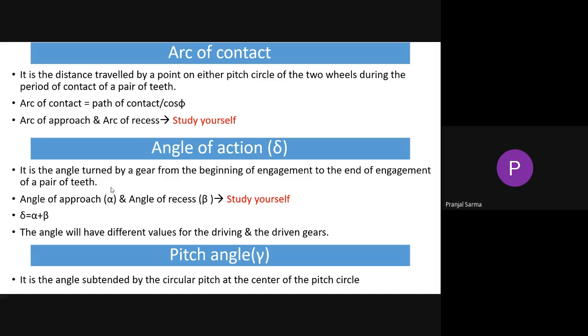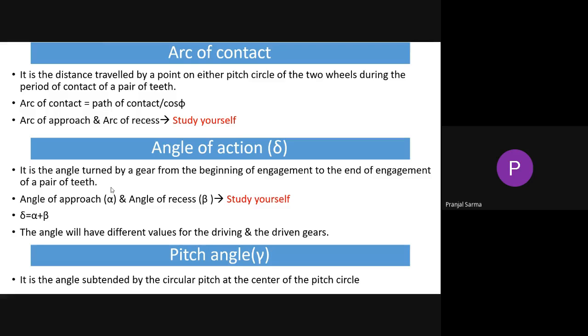This angle will have different values for the driving and driven gear, because within a particular time, depending on the velocity ratio of this drive, the driven and driving gears will rotate by different angles. So the angle of action is different for both the wheels.